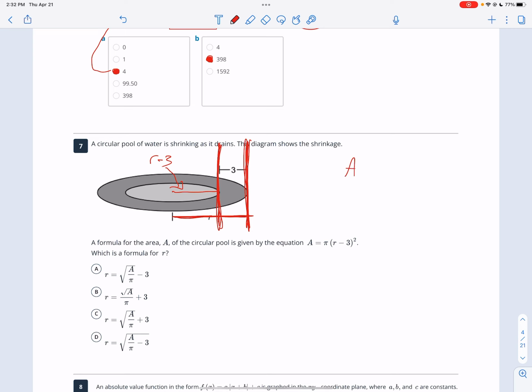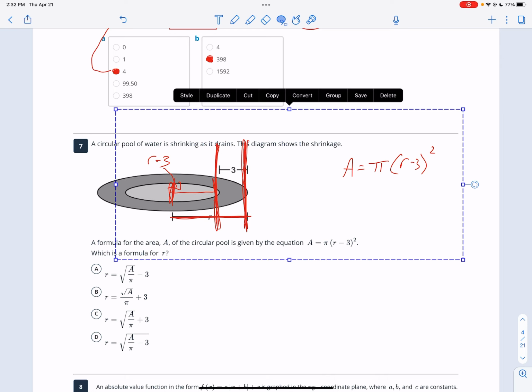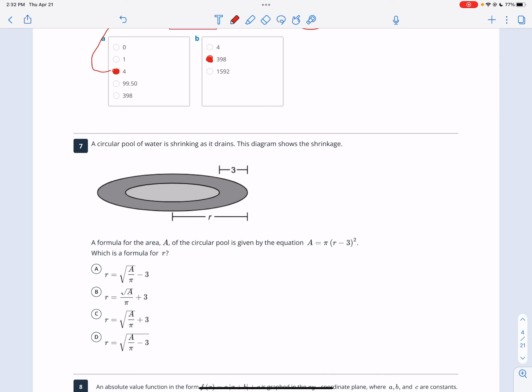And the area for a circle is pi times the radius squared. But in this case, the radius of this internal part, if you remember from a little bit of that 8th grade geometry, is r minus 3 squared. But again, we don't really even need to know that part. That's just how they got that function right there.